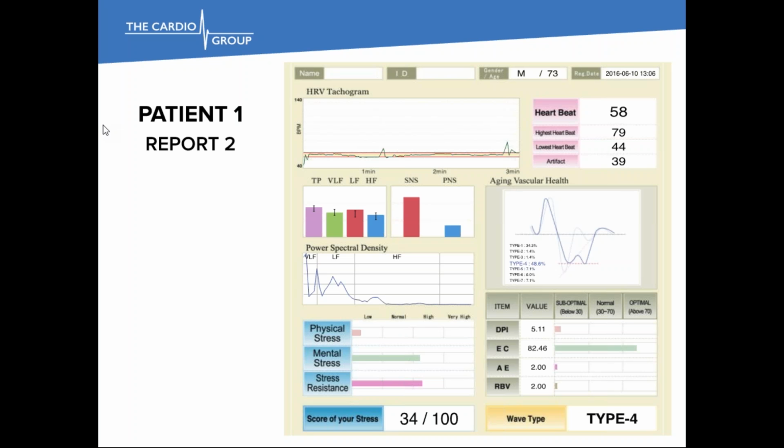Okay, this next max pulse that we're looking at is a 73-year-old male. Again, we'll start by looking at the waveform. He has a type 4 waveform that's predominant, but also showing some type 7, 5, and also some type 1. Sometimes we see this sort of waveform pattern.